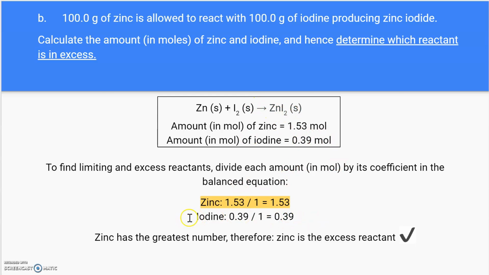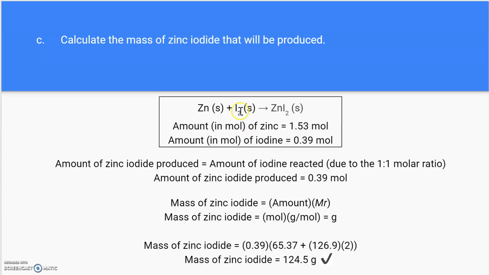So we need to figure out the molar ratio between the limiting reactant and the desired product. Here the limiting reactant is iodine and the desired product is zinc iodide. So it is a 1-to-1 molar ratio, as seen. 1 mole of iodine is producing 1 mole of zinc iodide.